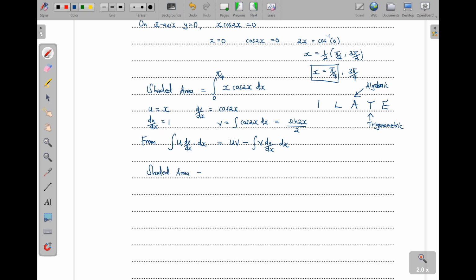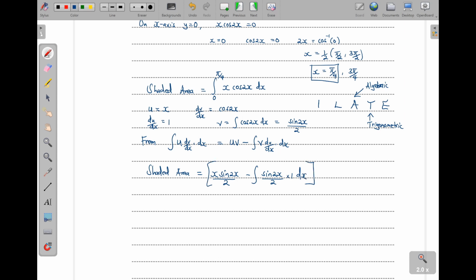Shaded area is going to be equal to, what is the u? u is x, v is this one here. So I will write x sine 2x divided by 2 minus v is sine 2x divided by 2 times du dx, we got it as 1 here. So times the 1, with respect to x, okay?